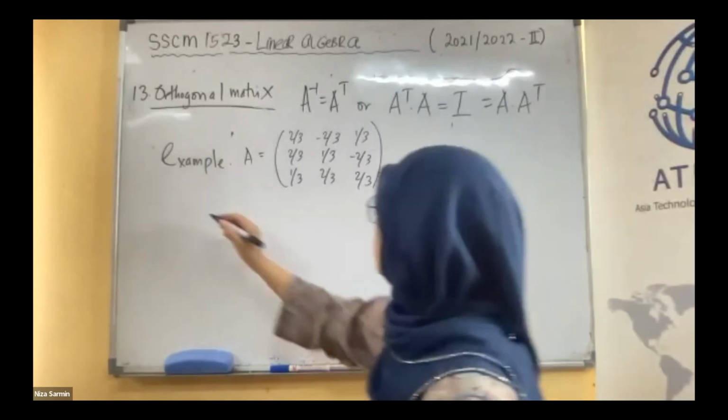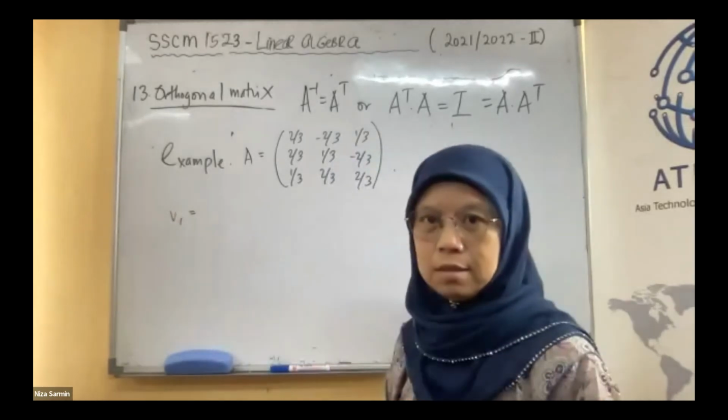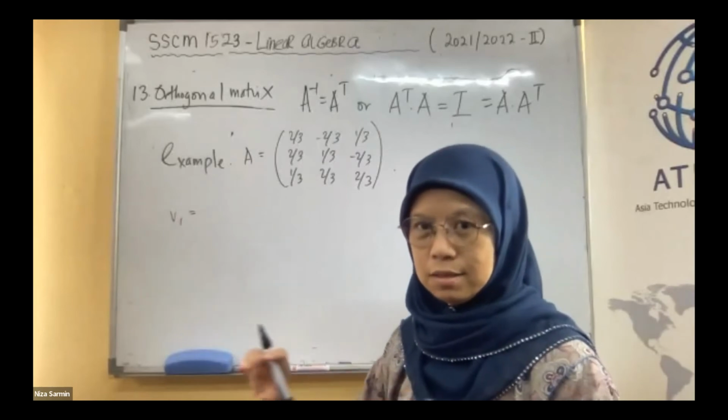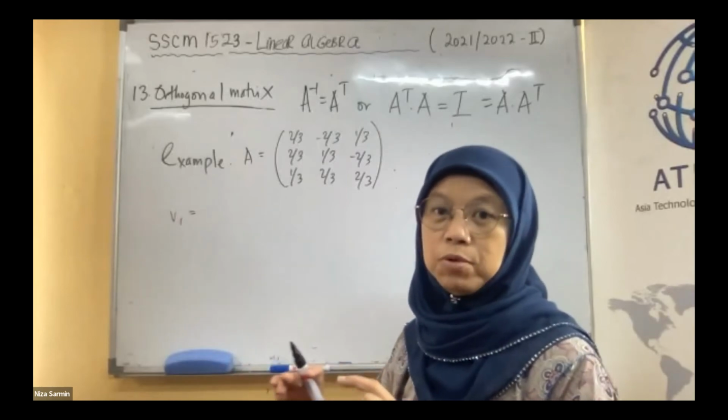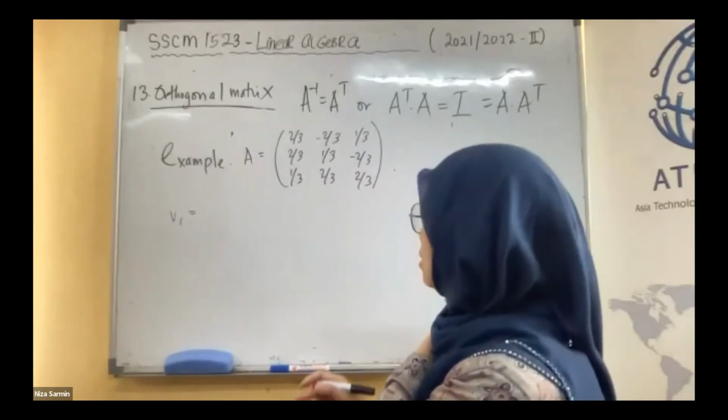All right, so you have V1, you can write as the column or you can also write as row, but sometimes when people write column as row, they put a transpose, but it's okay.